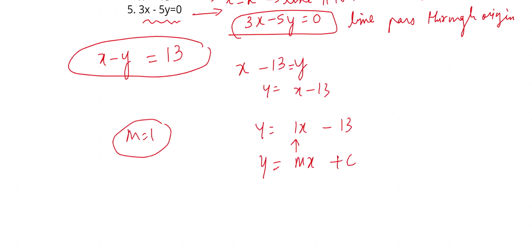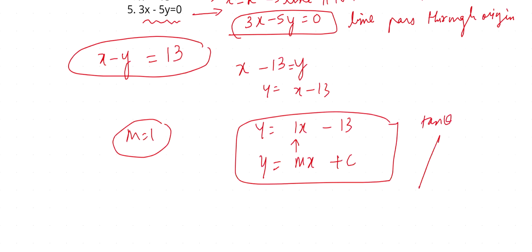Slope is 1 means tan theta, the angle that the line makes with the x-axis, will be 45 degrees. Now we know the x and y-axis are inclined at 90 degrees, isn't it? This is 45, so the other is 45. So you see what's happening here.